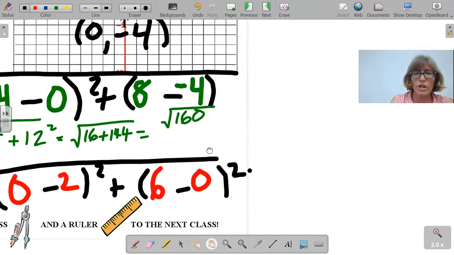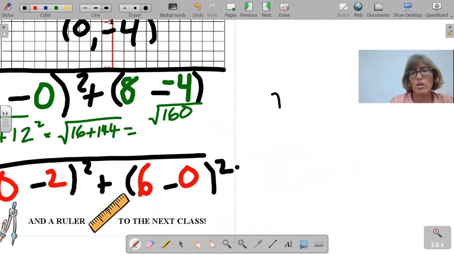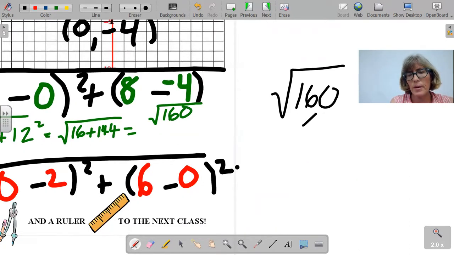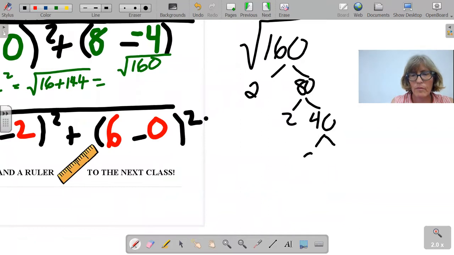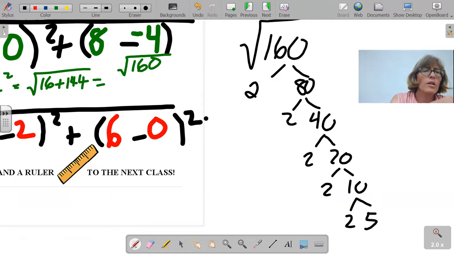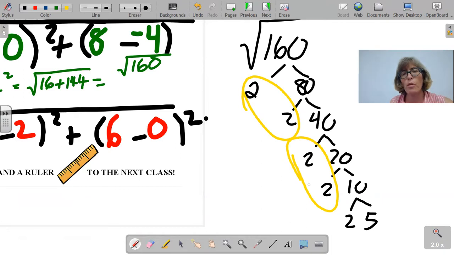So in the margin, square root of 160, just keep factoring it down. We take out our pairs. We have one pair of 2's and another pair of 2's.